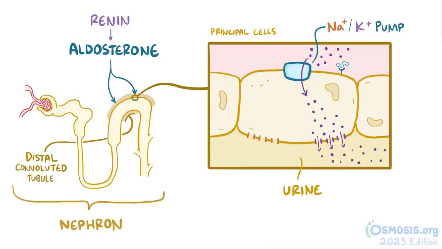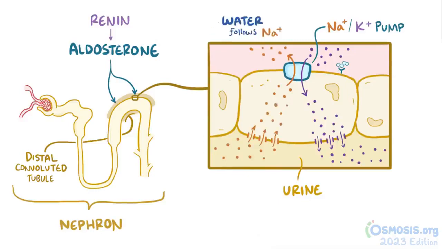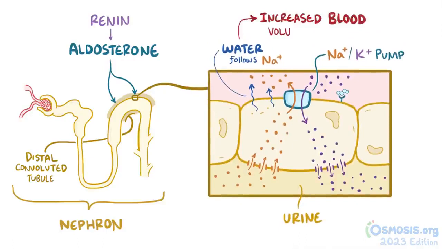At the same time, the pumps drive sodium in the opposite direction, from the cell into the blood, which allows more sodium to flow from the tubule into the cell, down its concentration gradient. Since water often flows with sodium through a process of osmosis, water also moves into the blood, which increases blood volume and therefore blood pressure.